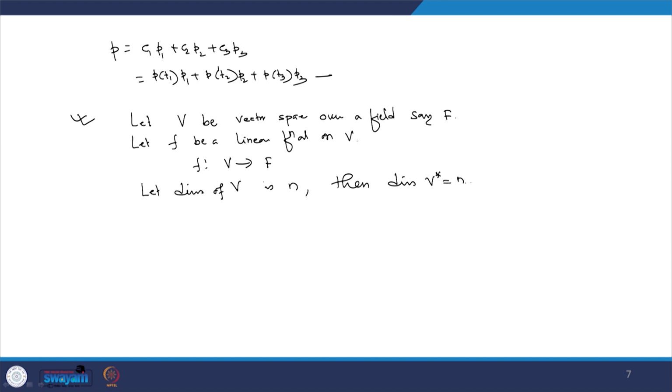So, this implies that the dimension of the range space of F will be at most 1.